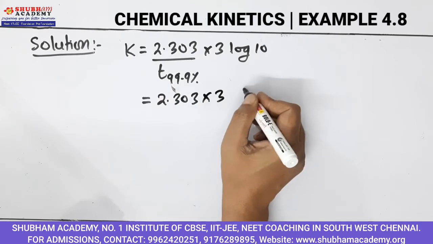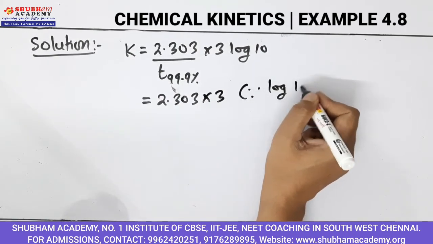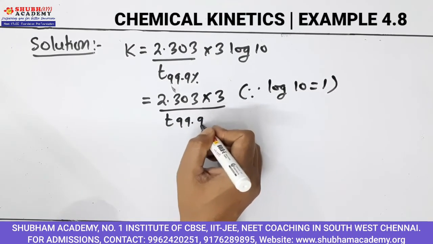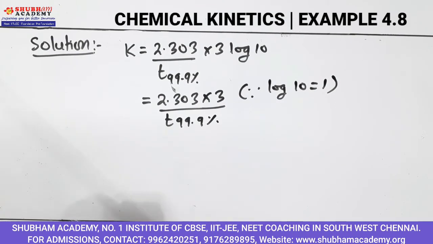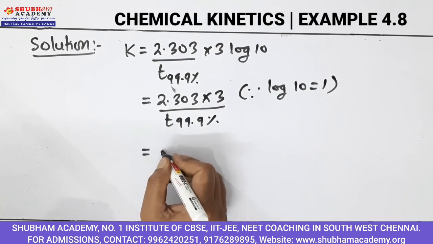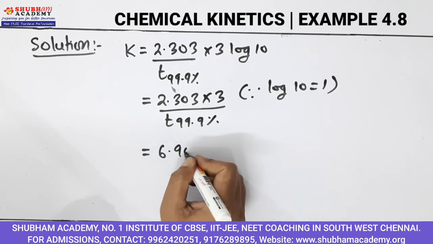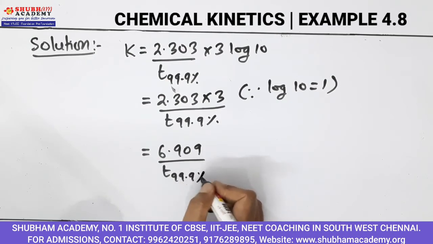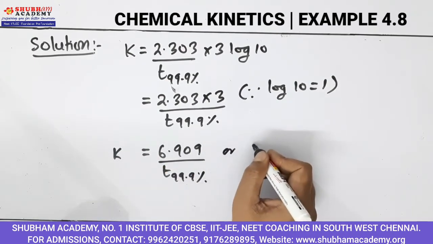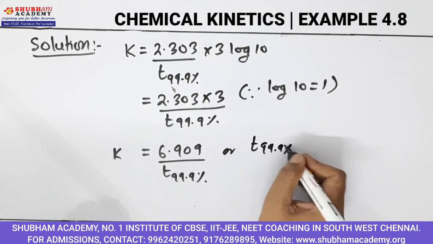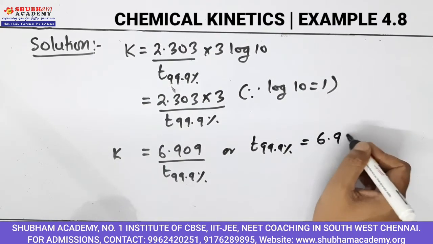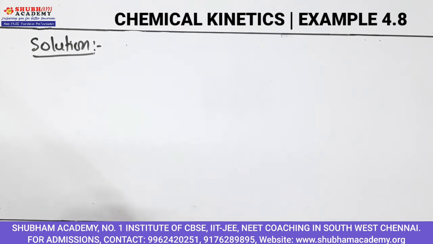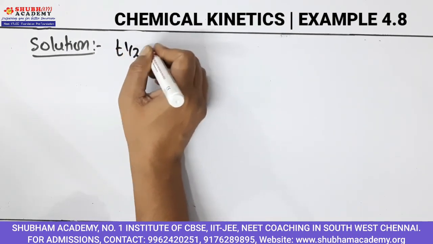When you simplify this, you get 6.909 divided by T 99.9%, which is equal to K. So T 99.9% is equal to 6.909 by K, right?